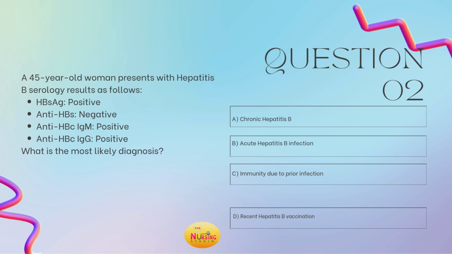IgM is positive, letting us know what? It's acute, right? IgG being positive, you think chronic. But when you see both, I want you to think it's an acute hepatitis B infection because oftentimes in the beginning stages, the IgG will show up positive along with the IgM. If the IgG was positive by itself, then you would think just chronic, right? So just in case you see it in this fashion, the best answer is B, acute hepatitis B infection.